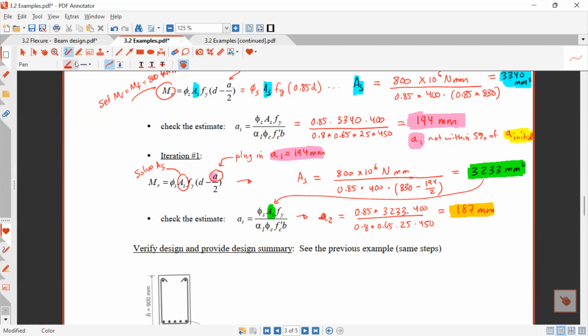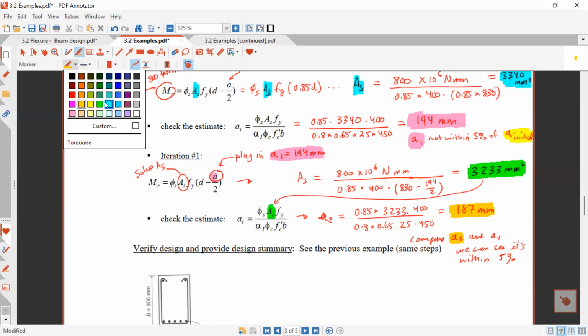So then we compare A2 and A1, and we can see it's within 5%. A2 is the one we just calculated here, the 187.